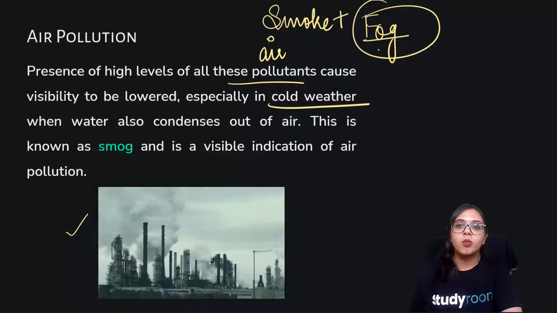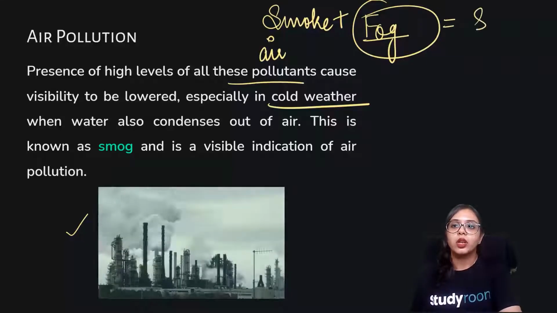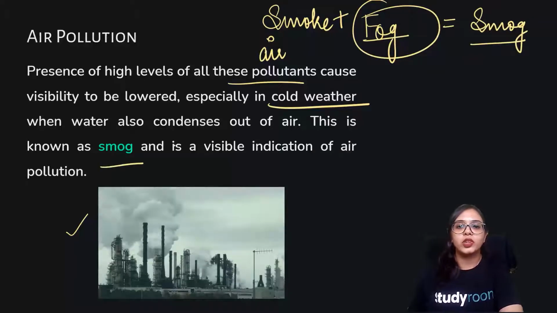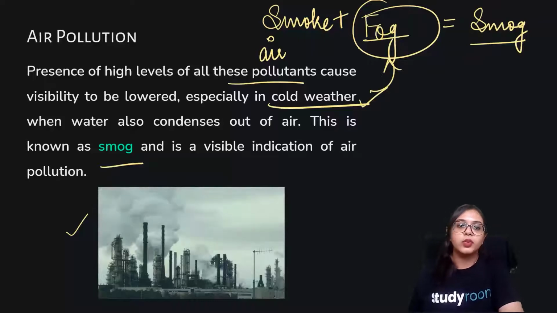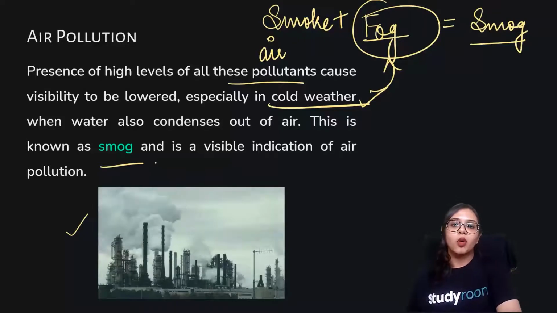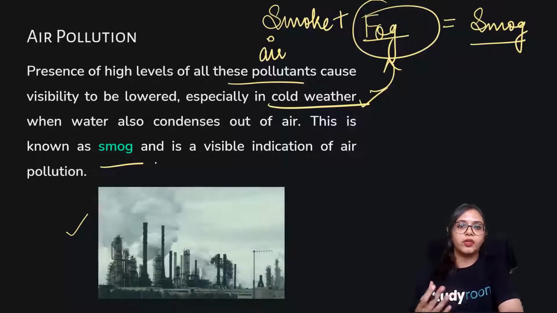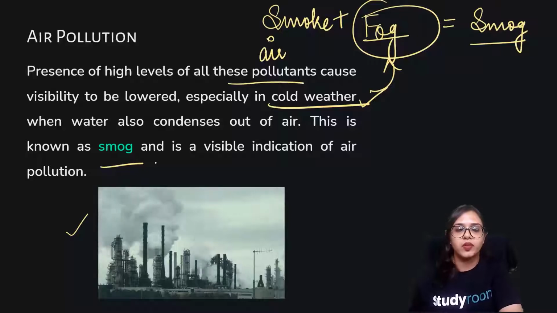Okay, so this combination of smoke and fog, the resultant we have is the smog. And this smog, especially of course in the cold weather, because it is only in the cold weather that you have the fog, causes a very thick layer of white, fumy, dusty, smoke-like appearance all around us.